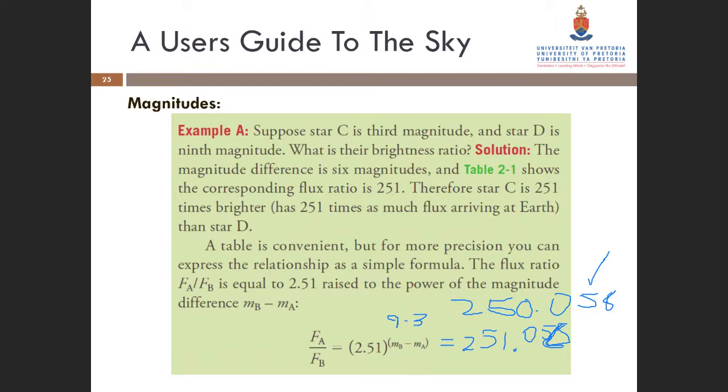So this one is the correct answer. So rounding to 251, yes, that is justified. For astronomy purposes, that is justified.